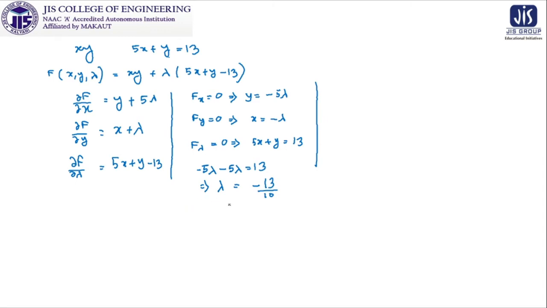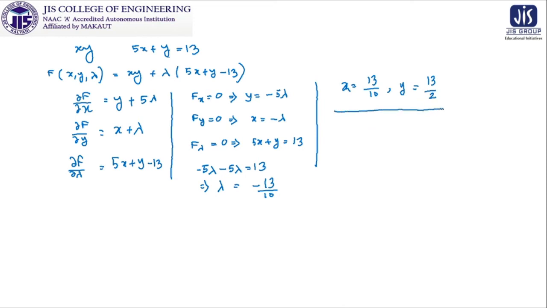Now, as the value of lambda is already achieved, we will get the value of x by putting the value of lambda over here. So the value of x will become 13 by 10 and the value of y will become minus 5 lambda, so minus minus plus 13 by 2. Clear?